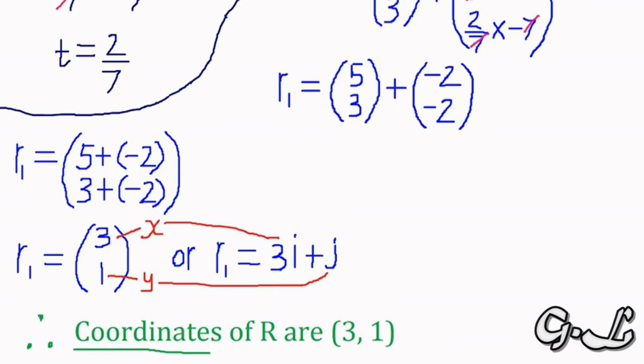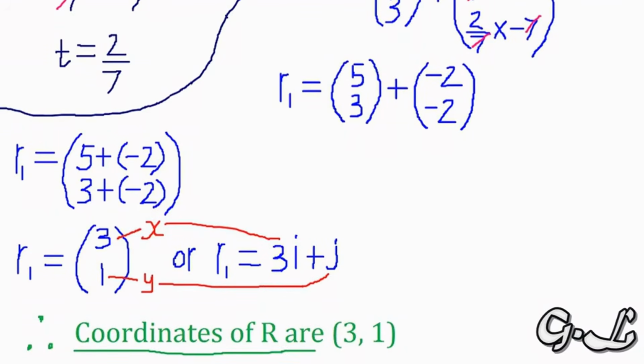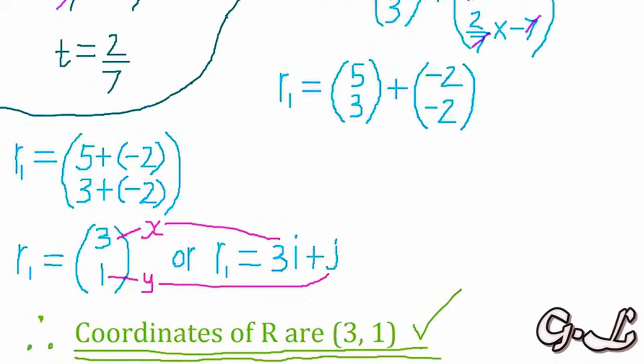So we have the x coordinate as 3 and the y coordinate as 1. So you can now say that therefore the coordinates of R are 3, 1. This is how you easily score marks in the exam. I hope you have gotten the concepts.